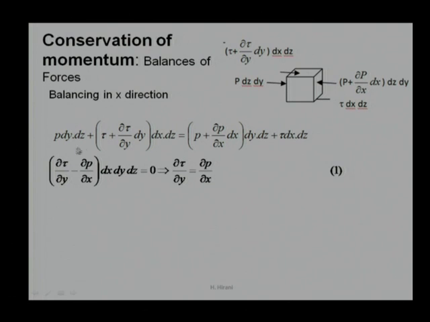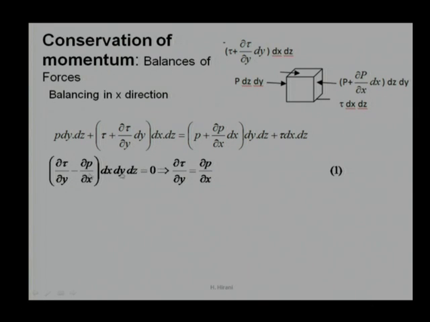Let me rearrange the equation: the gradient of shear stress, the gradient of the pressure, and an interesting thing, they have the same unit. Pressure and shear stress will have the same unit, x and y will have the same units, and there is a volume of the element.